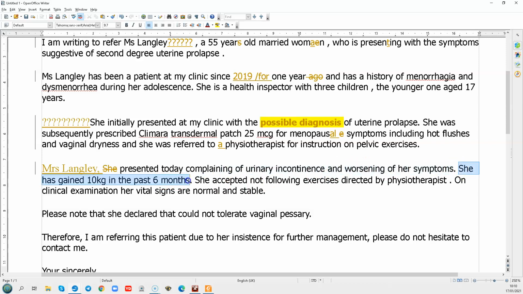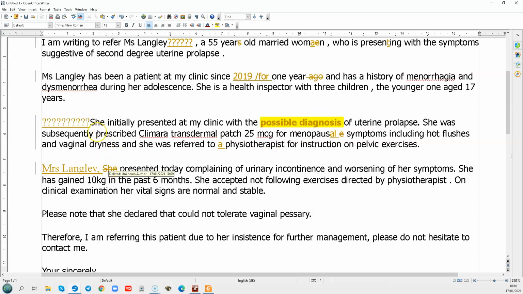So again, because you haven't put a date here, I'm confused. I don't know what is going on here, right? So you said she's been a patient for a year. Okay. I don't know when she came complaining of this.